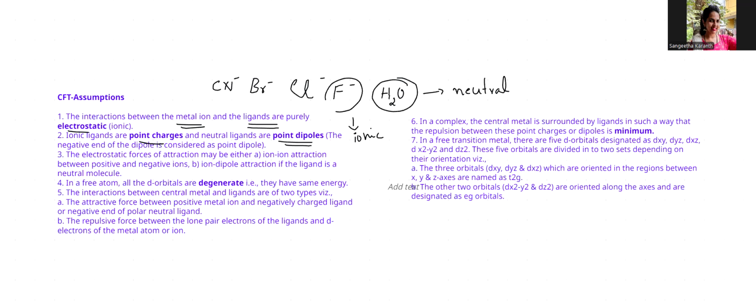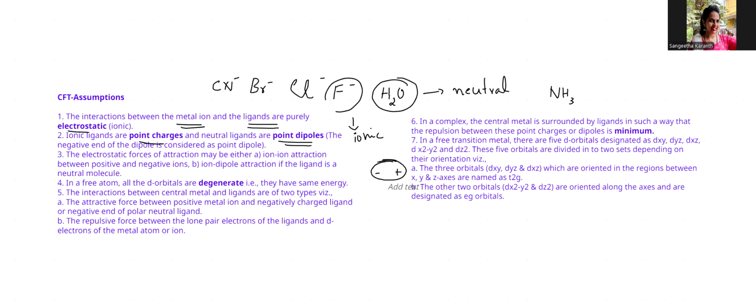I hope you remember what dipoles are. In a simple manner, I can show it like this, where the charges are separated towards the opposite poles. So H2O, or when we are talking about NH3, all these are neutral ligands. All these are considered as point dipoles, where the charges are separated towards the opposite sides, but it's not like complete separation like that of ions; within the same molecule, the charges are separated from each other. So that is what is meant by dipoles in simple words.